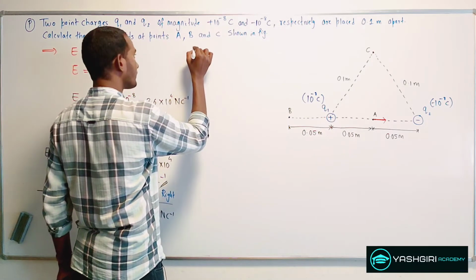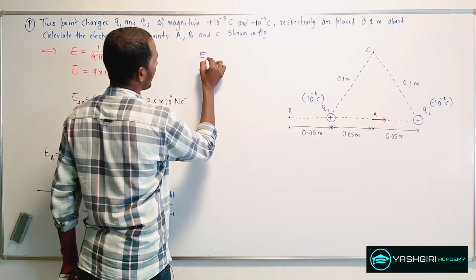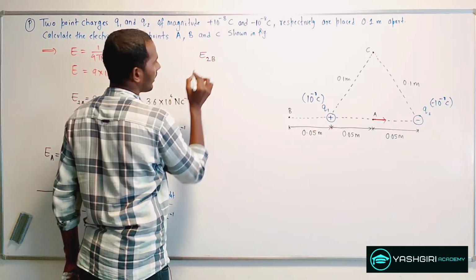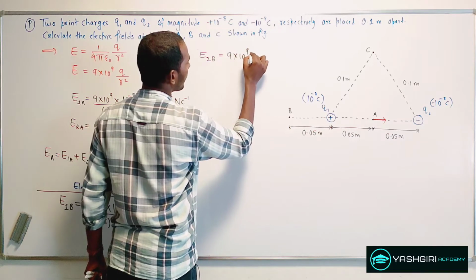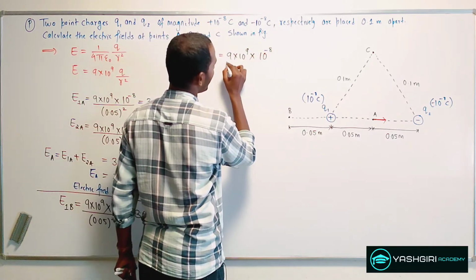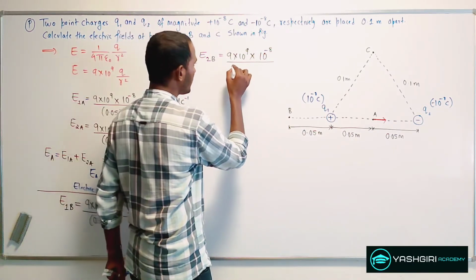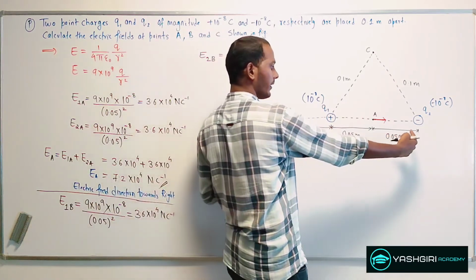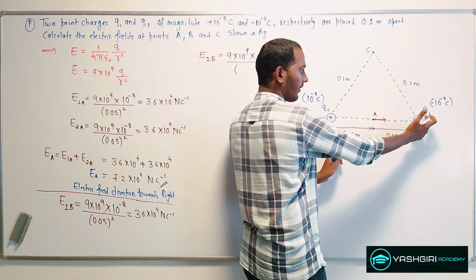The electric field due to the second charge at position B will again be 9 into 10 to the power 9, into the magnitude of the charge, 10 to the power minus 8, divided by the square of the distance. Here the distance will be 0.05 plus this distance for the negative charge.